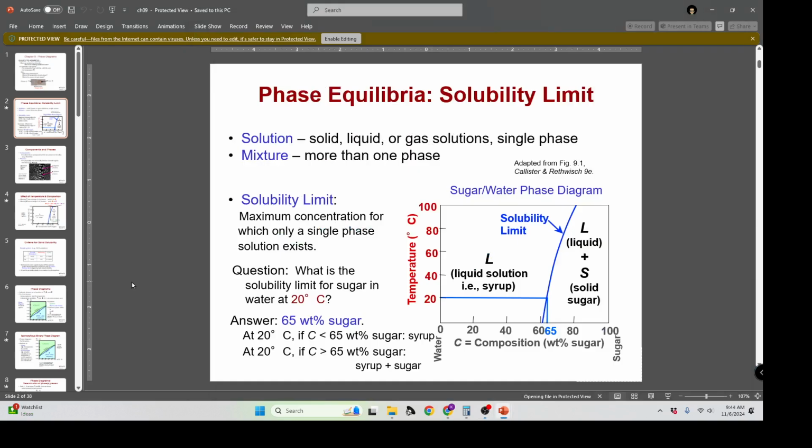Okay, so we're talking about the solubility limit, and we have an example of a sugar water phase diagram. How much can be absorbed at a given set of conditions? It's dependent on the temperature, and then the composition will change.